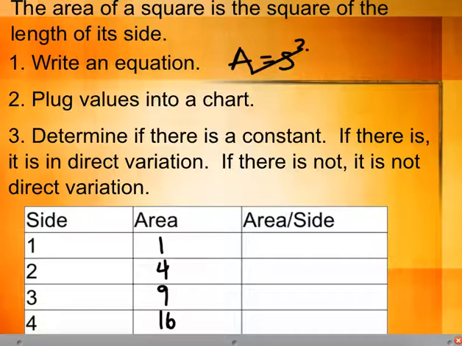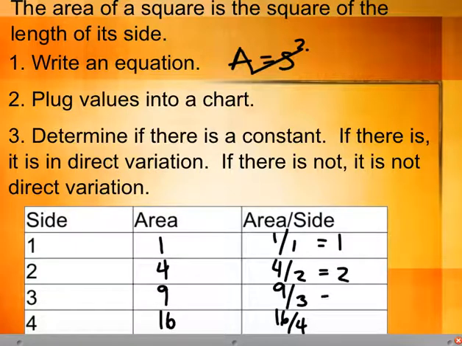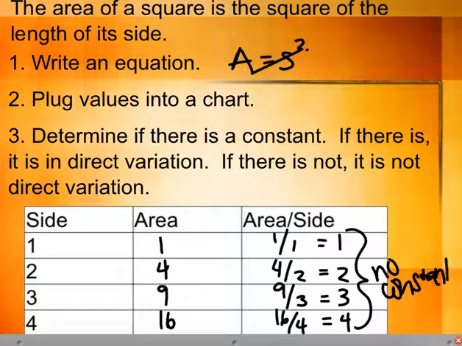And once again, for our constant, we have 1 divided by 1, 4 divided by 2, 9 divided by 3, 16 divided by 4. It ends up making a nice pattern, but since these are all different numbers, we have no constant. So once again, this is not direct variation.